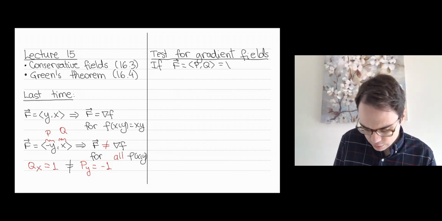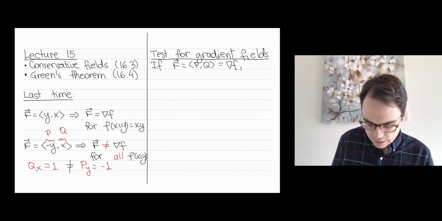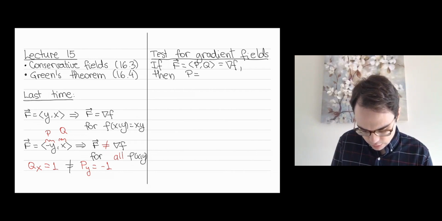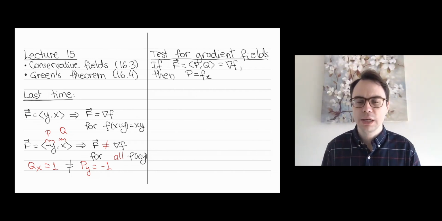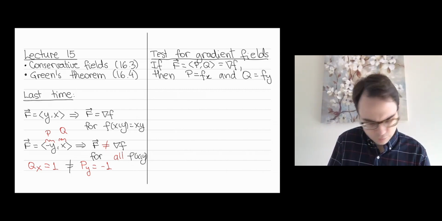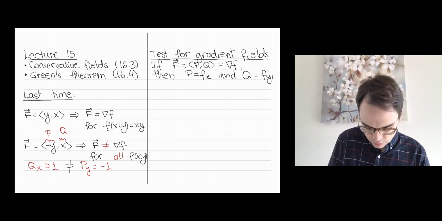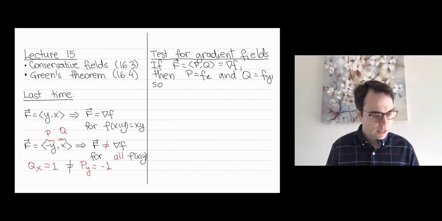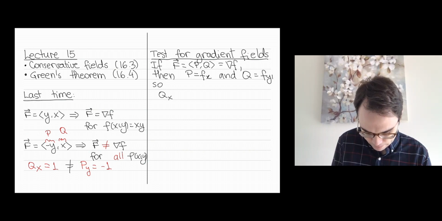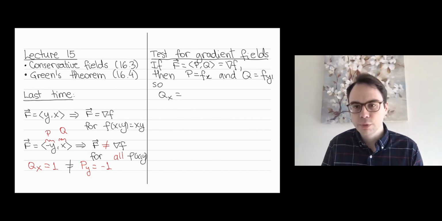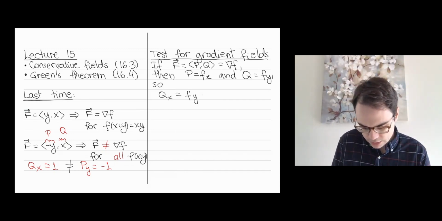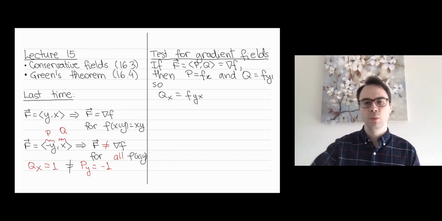If this vector field is the gradient of a function, then P is the x partial of the function, and this is my notation for df dx, and Q is the y partial of the function. So let's look at the x partial of Q. The x partial of Q is the x partial of the y partial. That Q is f sub y, so Q sub x is f y x. We're taking the x partial of the y partial of f.